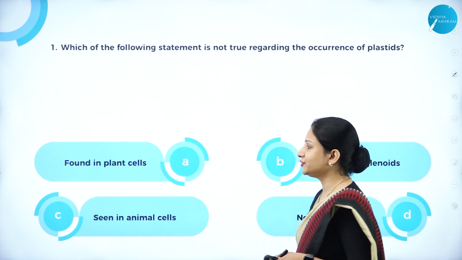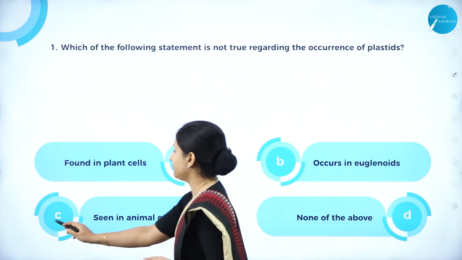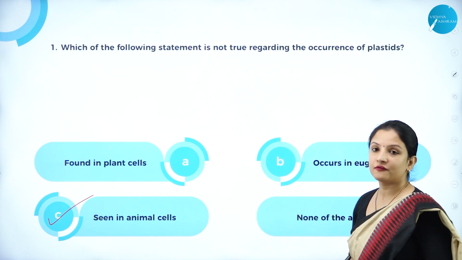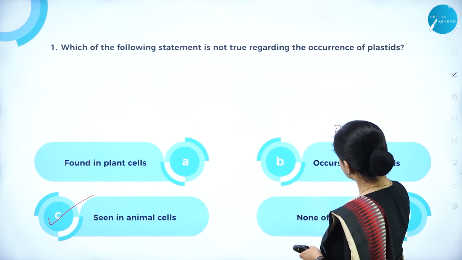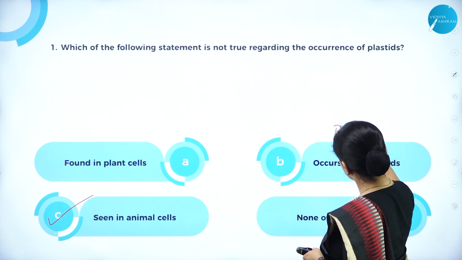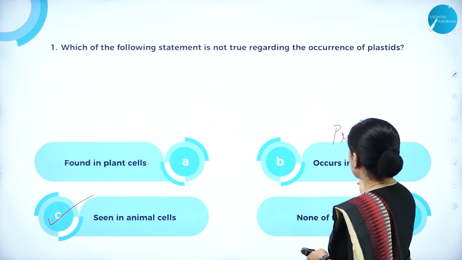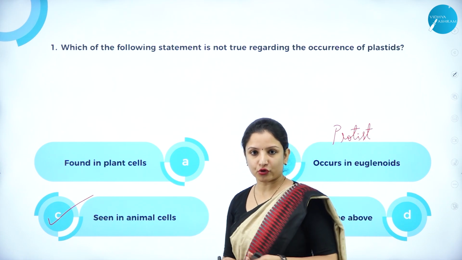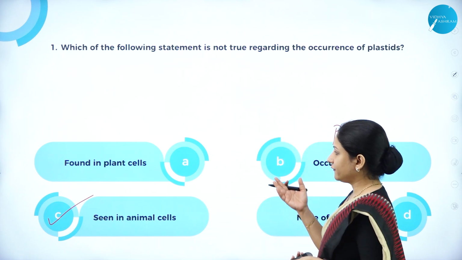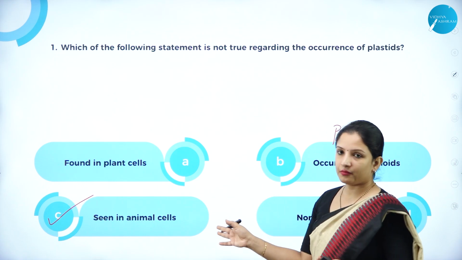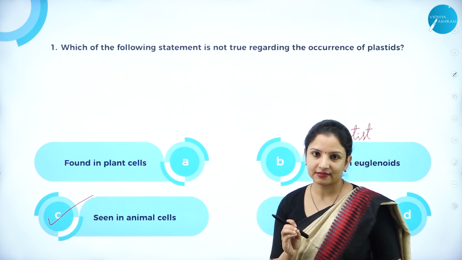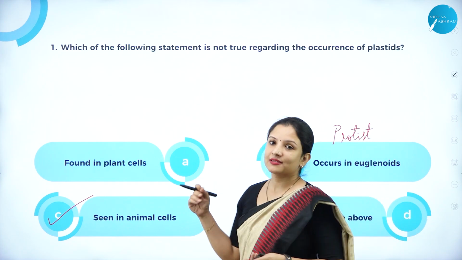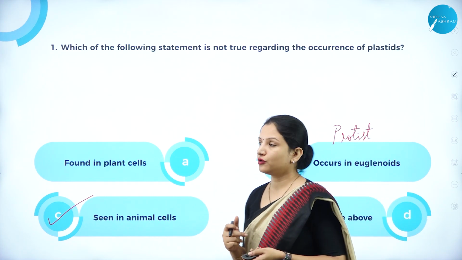Plastids, usually you don't see them in animal cells, but they are found in plant cells as well as in protists, because euglenoid comes under kingdom Protista. Therefore, the right answer here is seen in animal cells, because you don't find plastids in animal cells. That is one of the major differences here. Plant cells have plastids, animal cells do not.